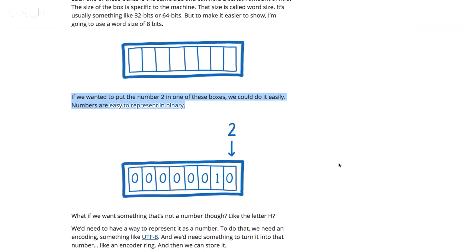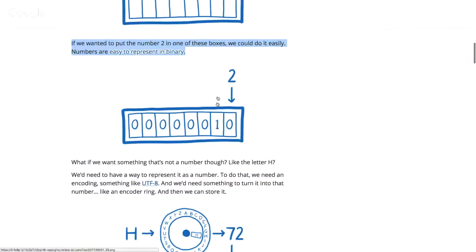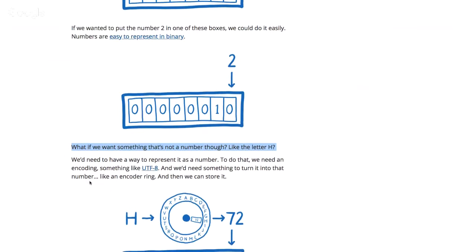If you want something that's not a number though, like the letter H, the binary format of number 2 is 00000010, but something like an uppercase H, we need a way to represent as a number.